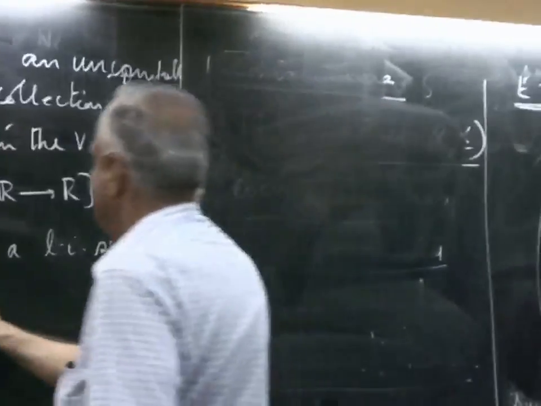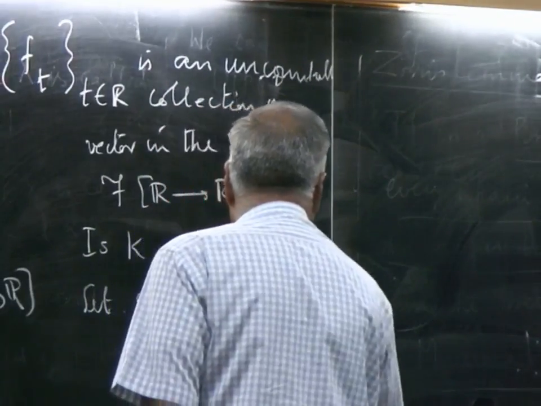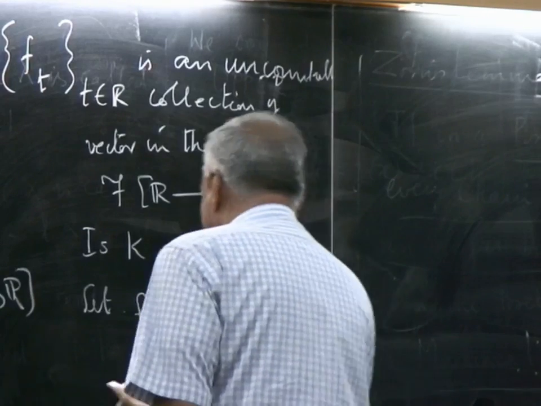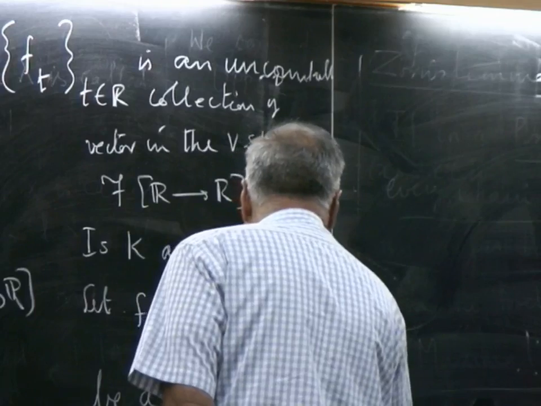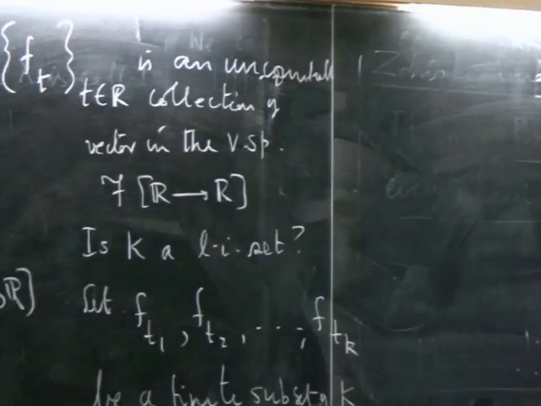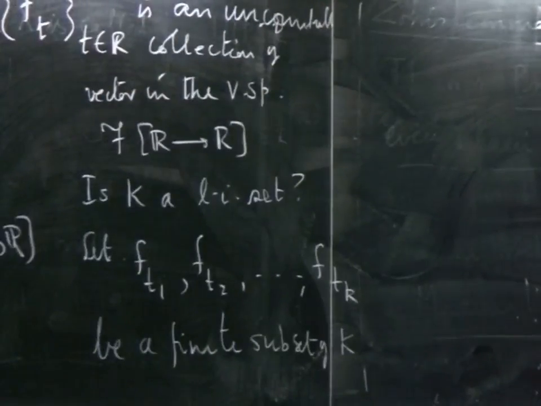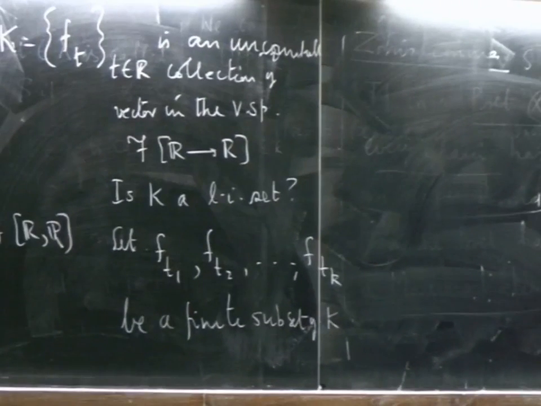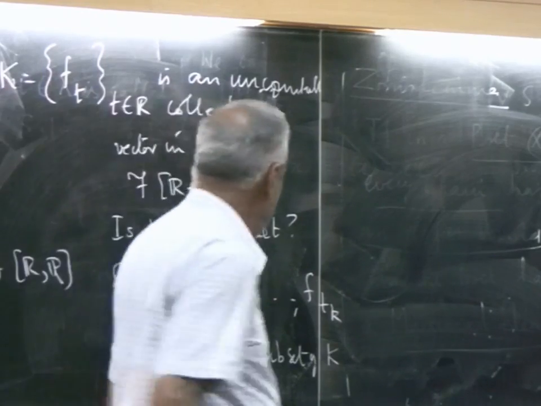So let f_t1, f_t2, ..., f_tk be a finite subset of K. f_t1 switches on at time t1, f_t2 switches on at time t2, f_tk switches on at time tk. There are k time points, and for each I get a function. I want to make sure whether this is linearly independent.